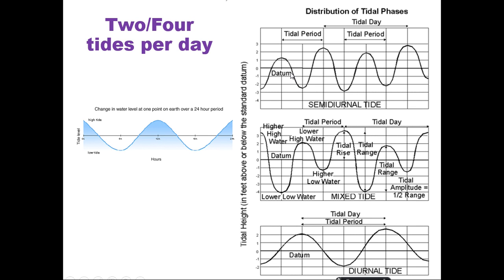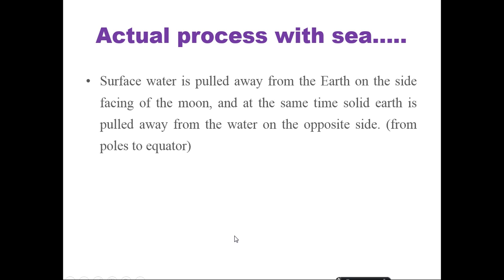If we think about using a bidirectional turbine, we have the mixed tide type, with a particular height of the datum level, and for diurnal tide, for the daily tide, this is the tidal period, the consecutive time between two high tides. So how could the actual process with the sea occur?